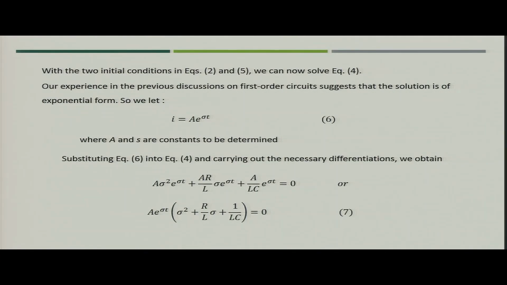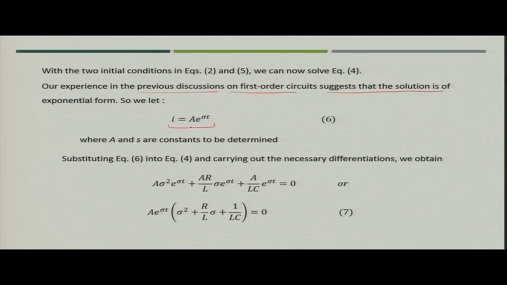Now, in the previous discussion, when we discussed the source free response of the RL circuit and RC circuit, we came to know that typically the solution of these kinds of circuits is exponential.